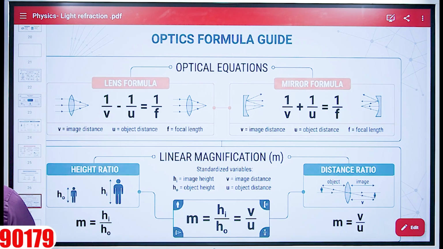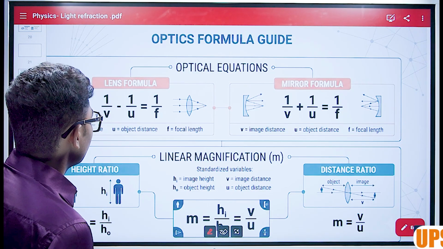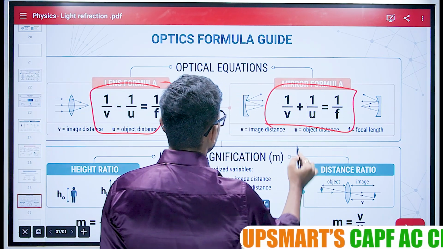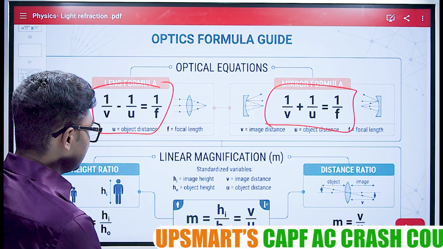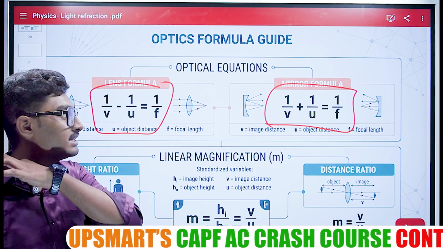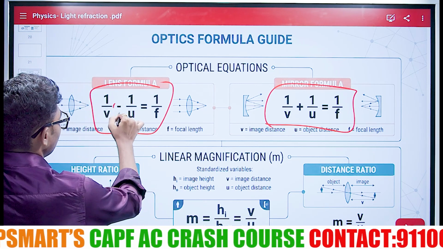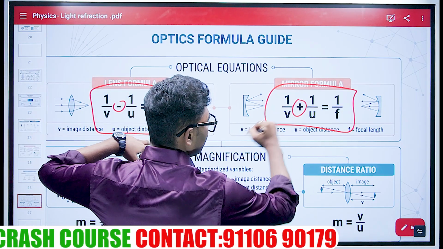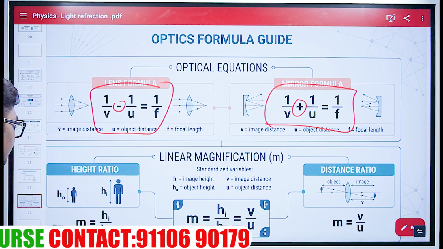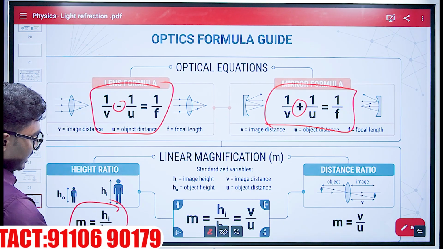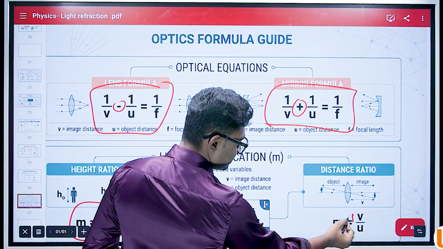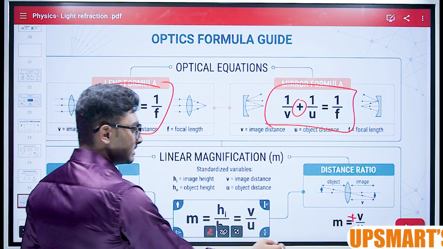Next, the last concept is the lens formula. You have already gone through the basic variations between the lens and the mirror. In the lens formula we use minus in between. In the magnification, height ratio h dash by h is the same, but in lens there is plus, and in mirror it is minus.